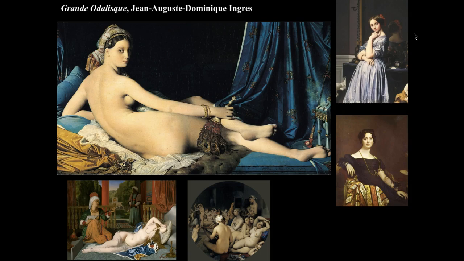You can see at the bottom there are portraits below La Grande Odalesque. That kind of gives you the idea of what he painted for other nudes during this period. It reflects the fascination that Europe has with the exoticism of the Orient.